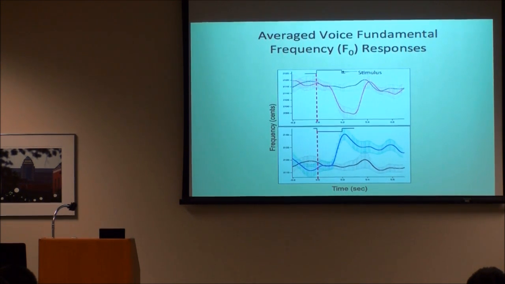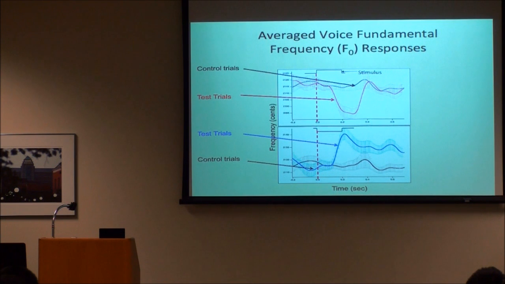In the upper case here, we have an upward pitch shift stimulus. The red trace indicates the response to the pitch shift stimulus. And the vertical lines are just the error bars.